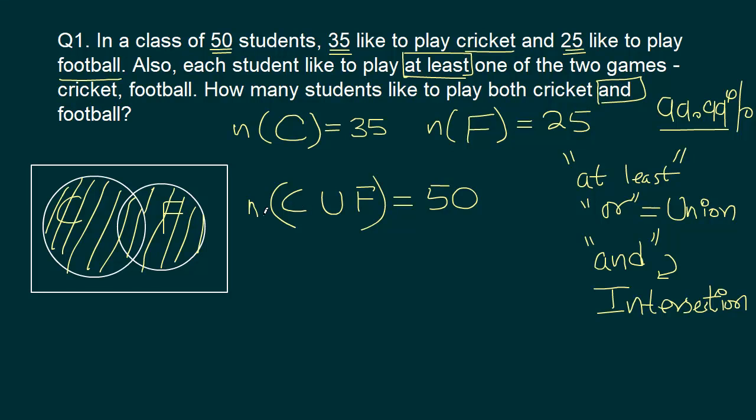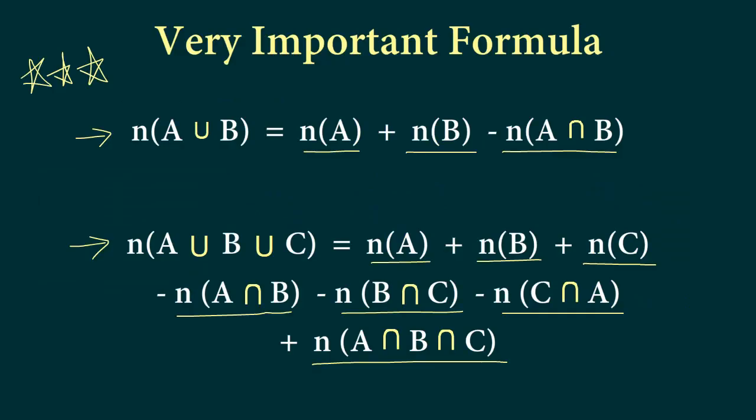So number of elements in C union F. C union F is simply all students who like cricket or football or both. So this is 50. Now going back to the formula we talked about here, when it comes to two sets, we use this formula, right?